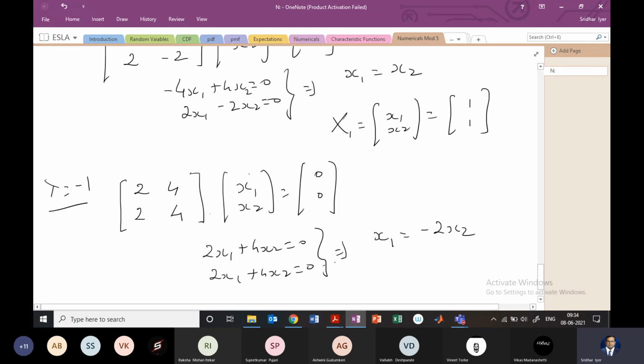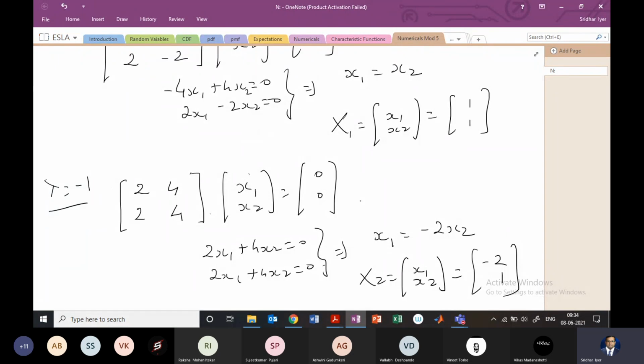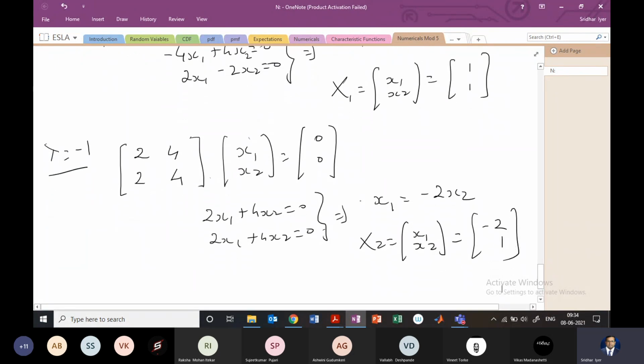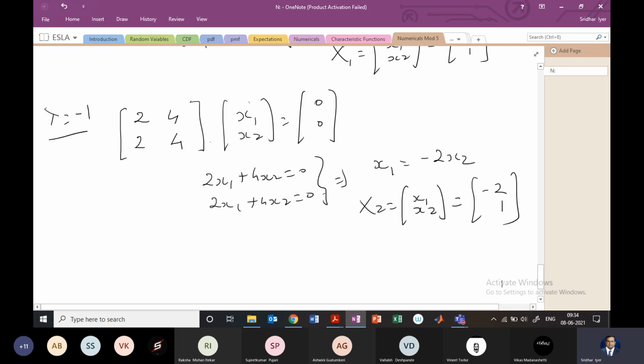Therefore, the vector x2, which will have x1 and x2, will be minus 2 and 1. Okay. So the eigenvalues are 5 and minus 1, and the eigenvectors x1 is 1 and 1, and x2 is minus 2 and 1.